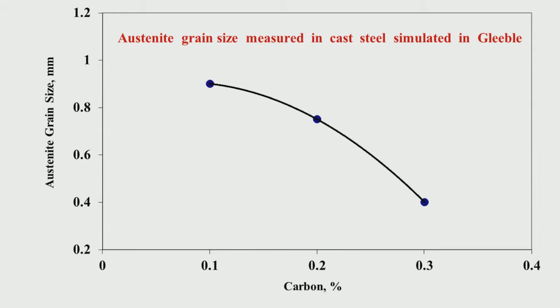Yeah, as I was telling you, we can measure the austenite grain size in the cast steel. Now, how is it done? Say we can simulate continuous casting in a machine we call a Gleeble, which is a simulator.